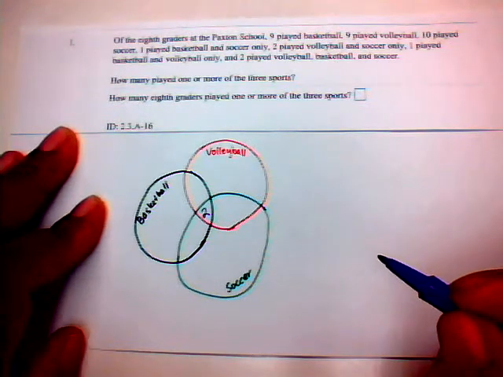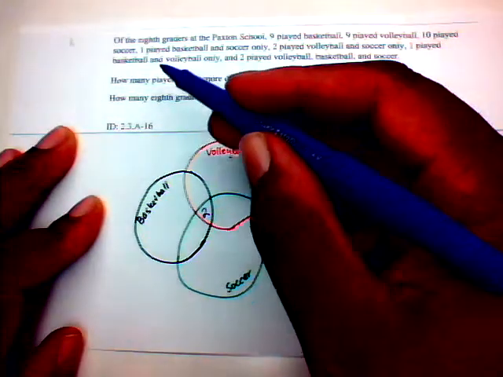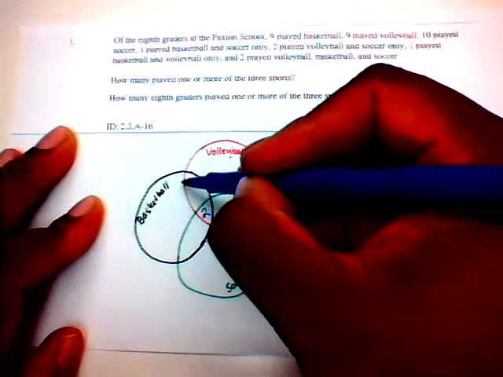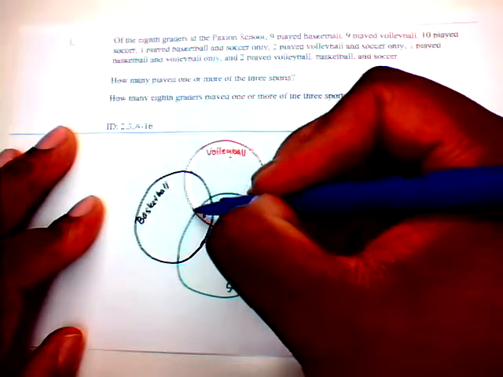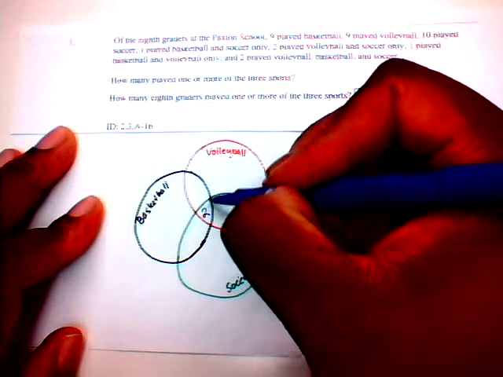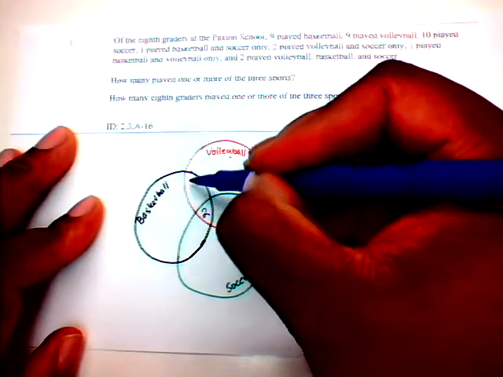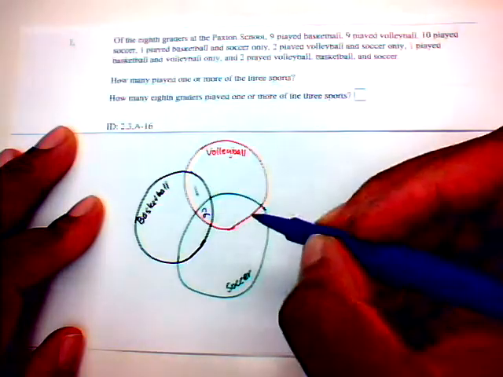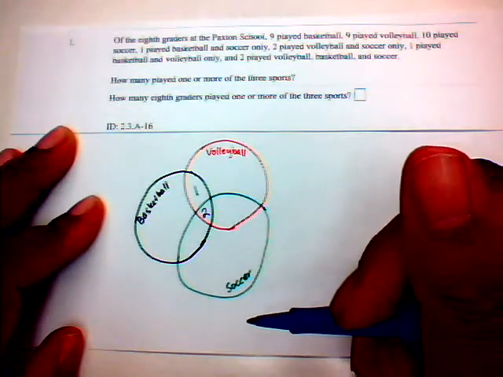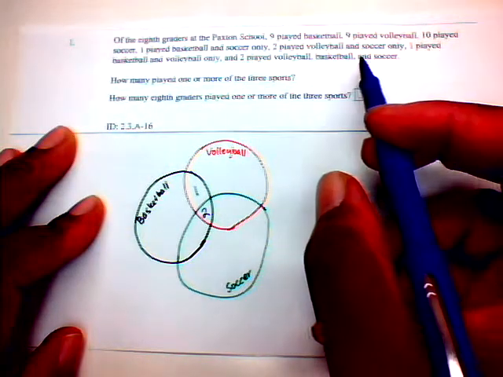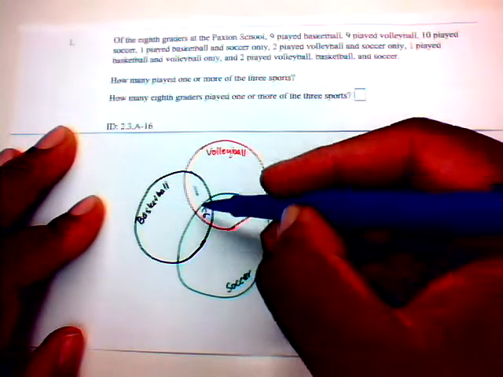And then we're told that 1 played basketball and volleyball only. Okay, so here, this intersection is basketball and volleyball. That's this part right here. So I'm going to put a 1 right there. And then we're told that 2 played volleyball and soccer only.